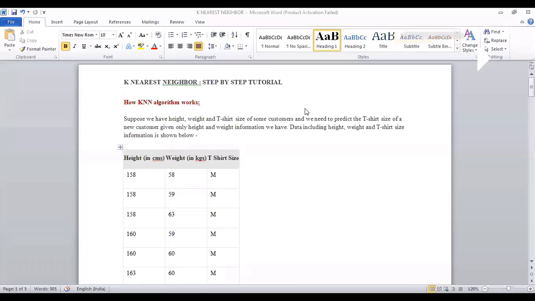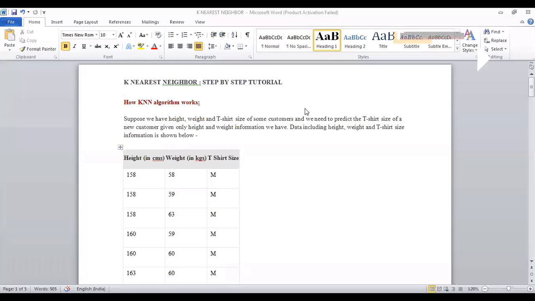The KNN algorithm assumes the similarity between the new case and available cases and puts the new case into the category that is most similar to the available categories. It will assume that the new point belongs to the set of data points it is closer to, that particular data category. We will see an example later.